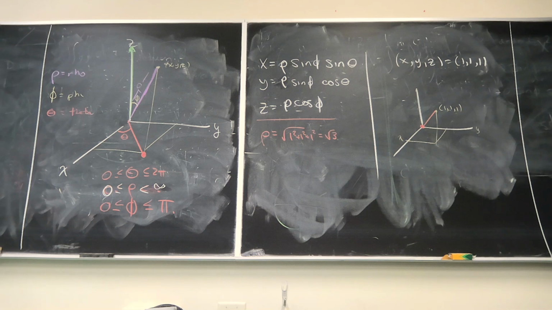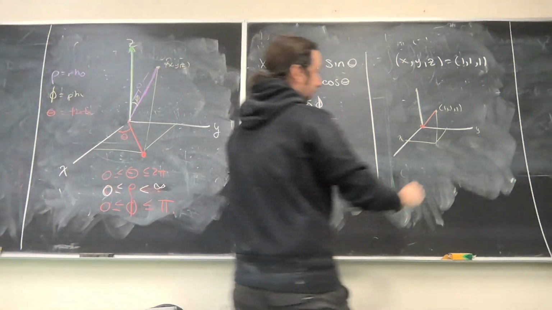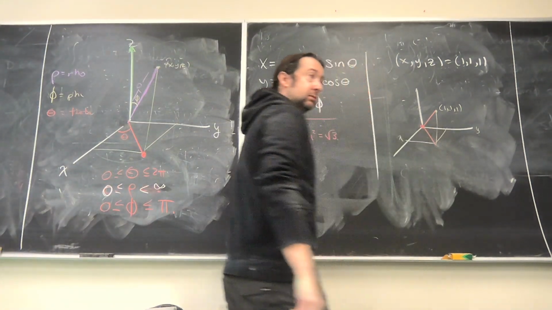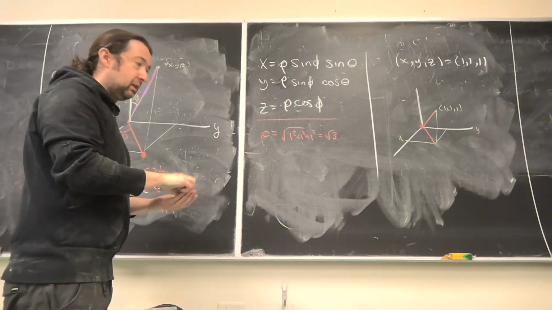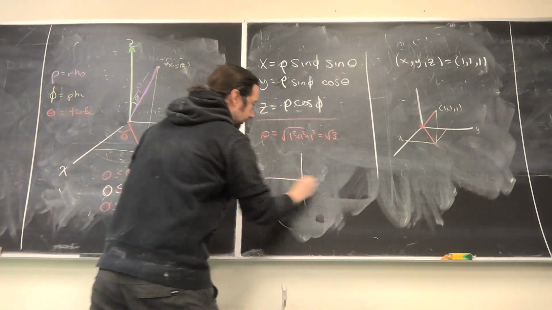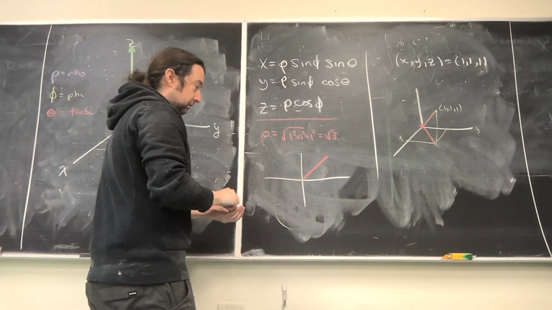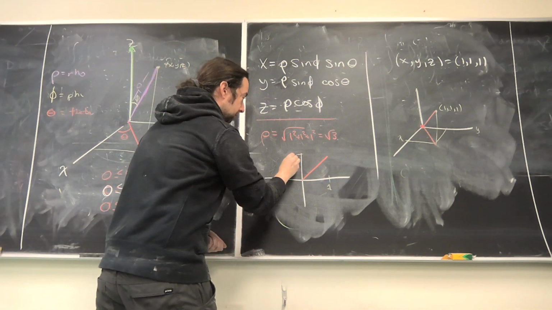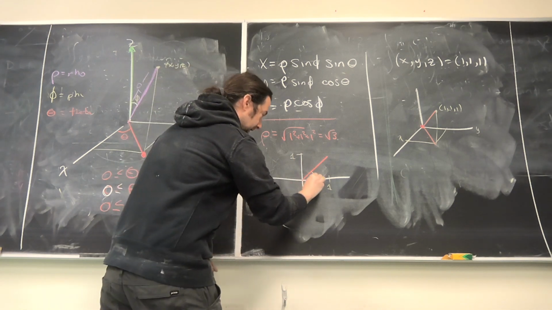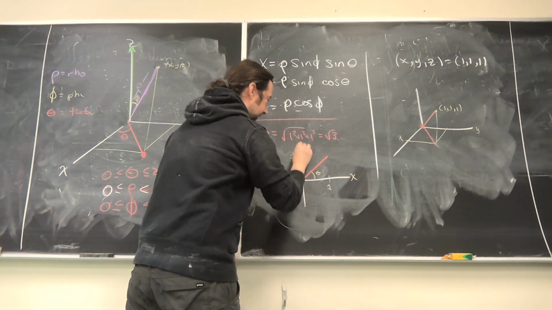Theta is actually not too bad either, because if I drew this line segment right here, and then I just restricted myself to the xy plane, that red line would be right here. This would be 1 unit in this direction and 1 unit in this direction. And theta in that picture is the angle from the positive x-axis.